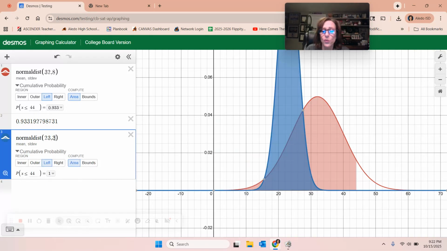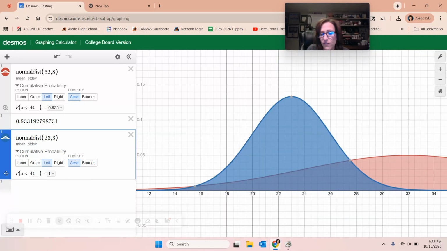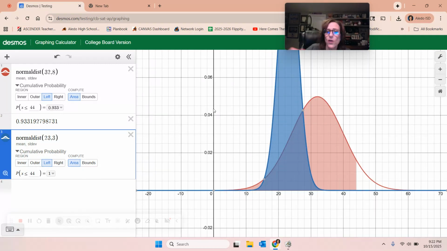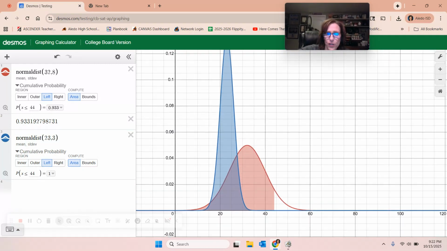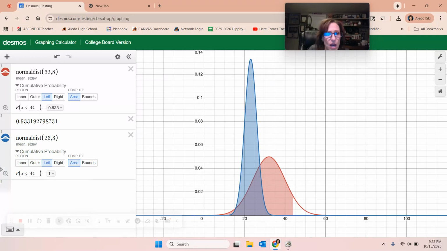You can see this looks much different. If I zoom fit to that curve, I've got this going on, and here's zoom fit to the other one. So here we have both of them in view. It's kind of weird to see both of them. But let's see what percentile the student was in on that quiz.